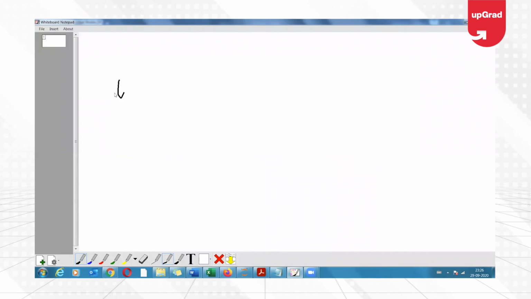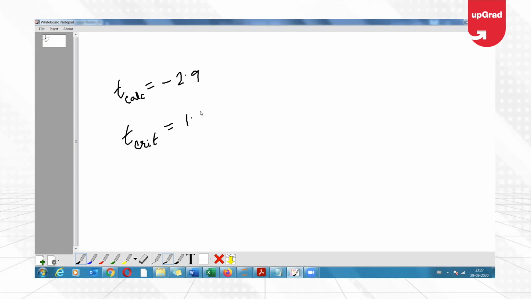So my t calculated we had found to be minus 2.9, and t critical is 1.833.